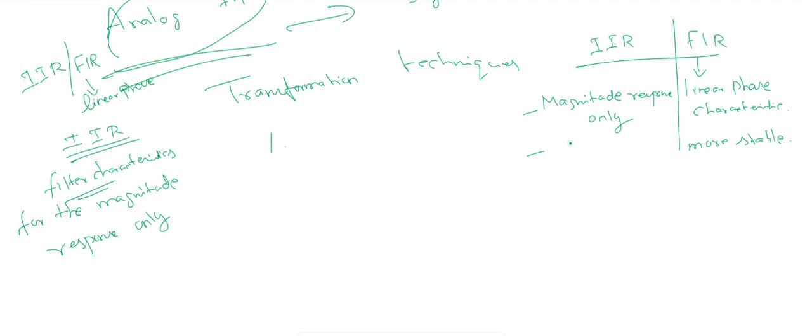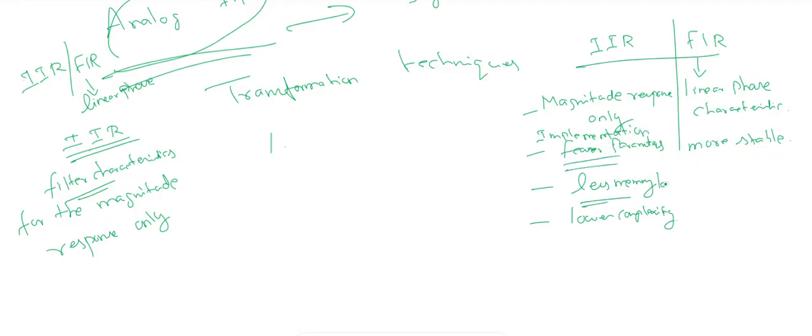Preferably you can use the IIR filter because its implementation involves only fewer parameters, requires less memory, fewer memory locations, and lower complexity.